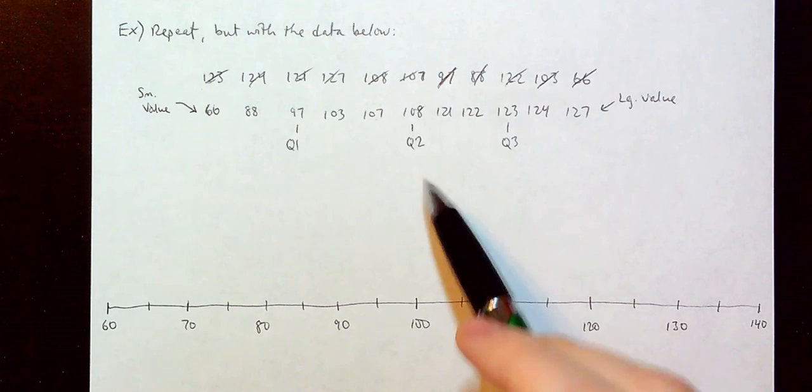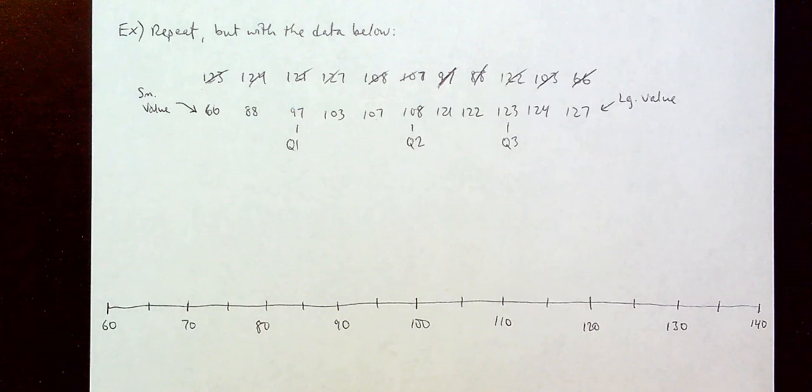You should have found that your median, or your second quartile, is 108, first quartile is 97, and third quartile is 123. I had my number line starting at 60 and going to 140. You didn't have to do that. You do have some freedom as far as where you have your number line start and end, and the spots in between.